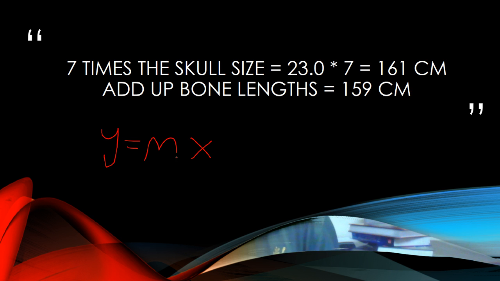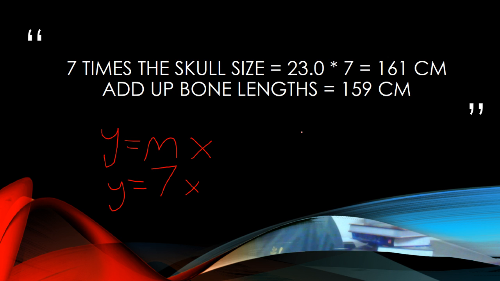In this case, m is 7. So based on the teenager metric, if I know that your skull is a certain number of centimeters, I can multiply that by 7 to get your height. This will also, of course, work in inches. So this is a very simple model.